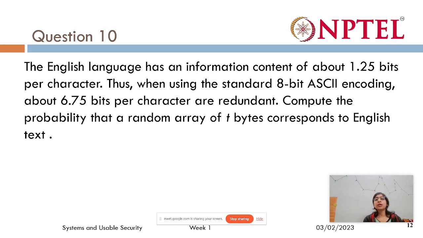English needs 1.25 bits of content information per character. You can use this information. Discuss in 2 minutes. Please give it a try.